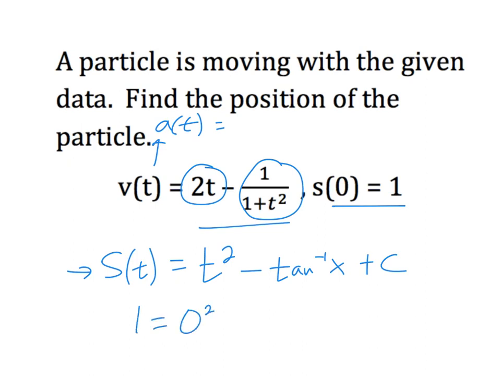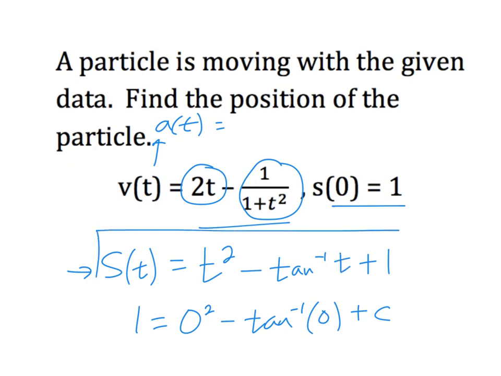So if I sub in 0 for t in this case, the answer is 1. And the tangent inverse of 0 is also 0, so that means c is 0 itself. Or sorry, c is 1 itself. And so my final answer would be this. And I know I probably should have had it in terms of t there, but there we go. That would be my position function.